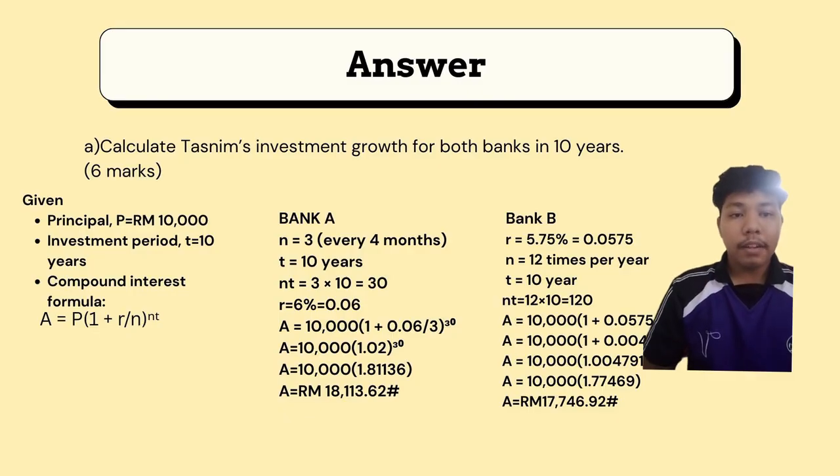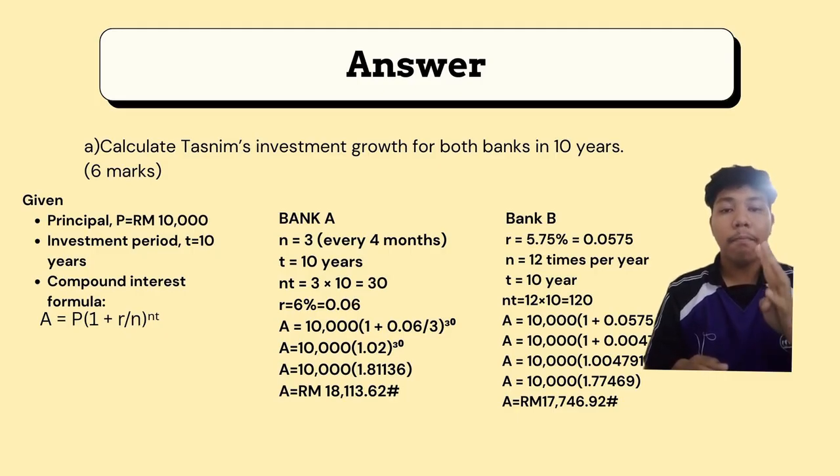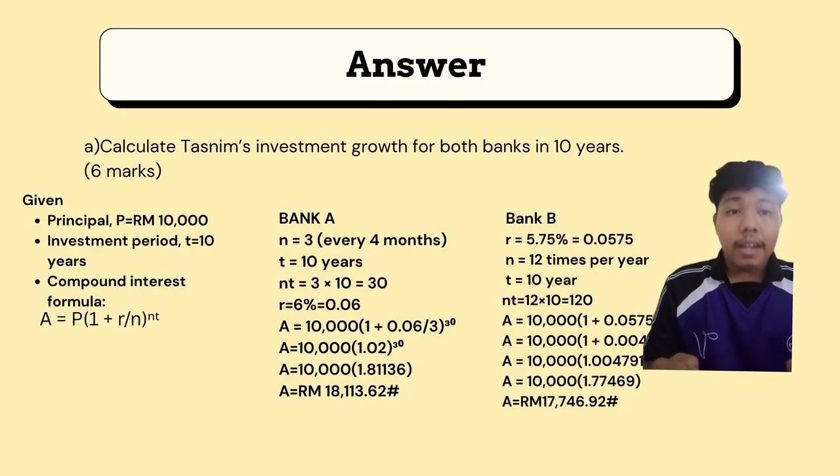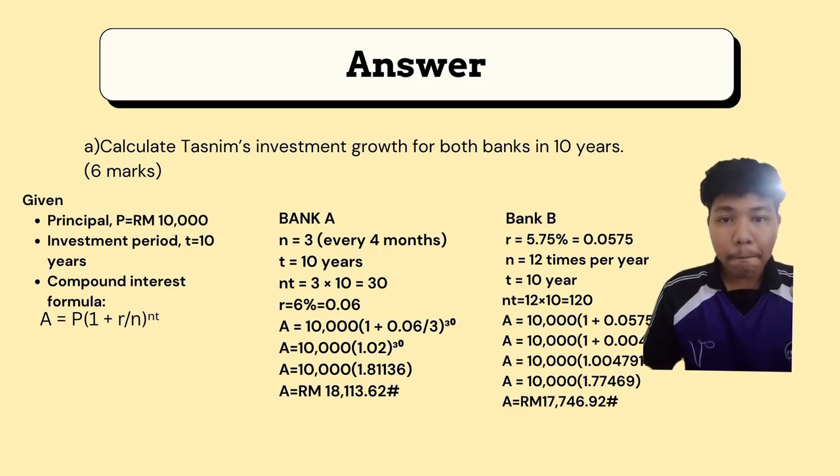For Bank A, the annual interest rate is 6%, and the interest is compounded every 4 months. This means the interest is compounded 3 times per year. Over a period of 10 years, the total number of compounding periods is 3 multiplied by 10, which equals 30.